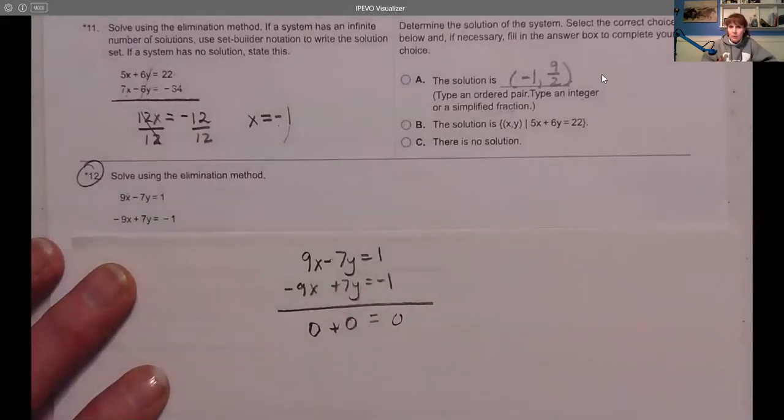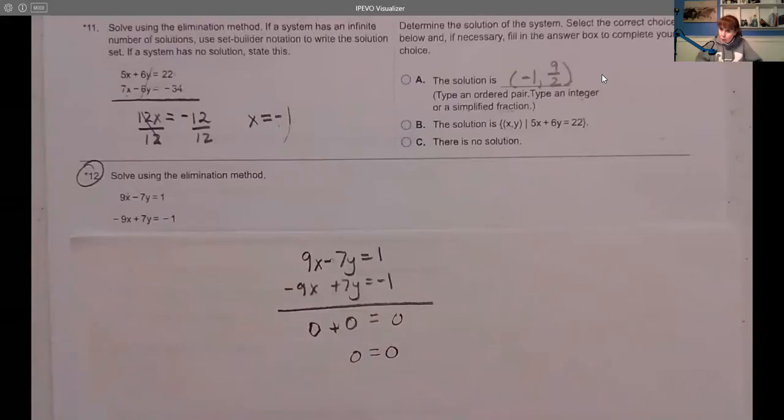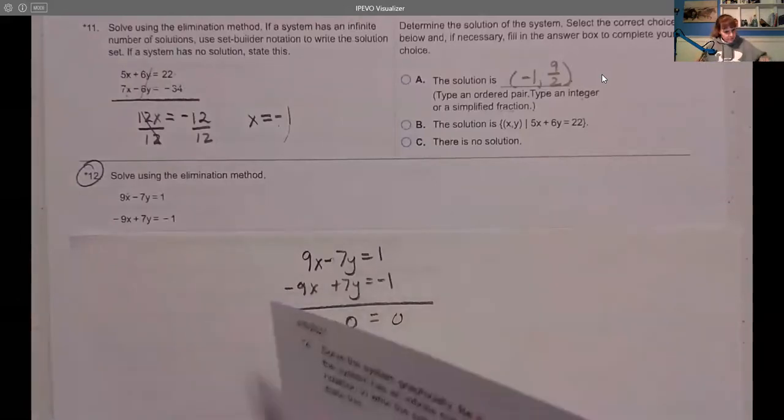There's no variables. What does this mean? 0 equals 0. Well, is that a true statement? Does 0 equal 0? Yeah, it does. But then, exactly what does that mean? What's happened? Well, if you remember when we were graphing, oh, I hope I have that graph. I thought I'd set it aside here.